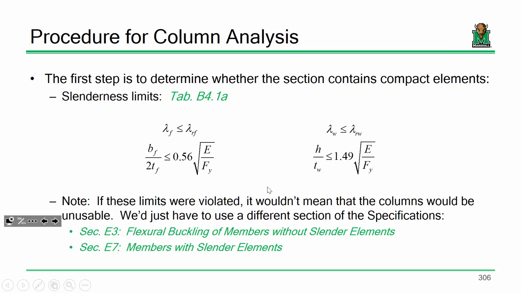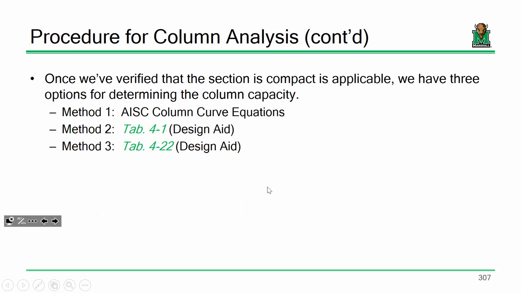Sound good? And then when we do that, we recognize, okay, we're in section E3, we've got 3 different means that we can use to compute column capacity. And if I remember correctly, we did the first 2, but we didn't do the last one. Am I right? They got that in their notes? All right, we'll go through it in a second.